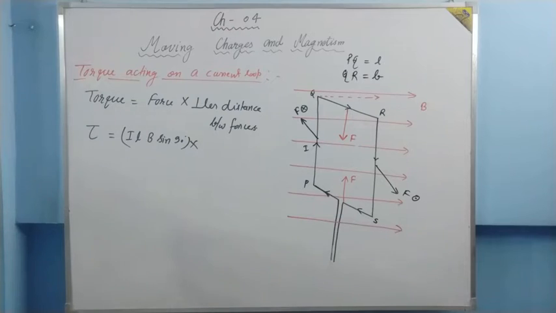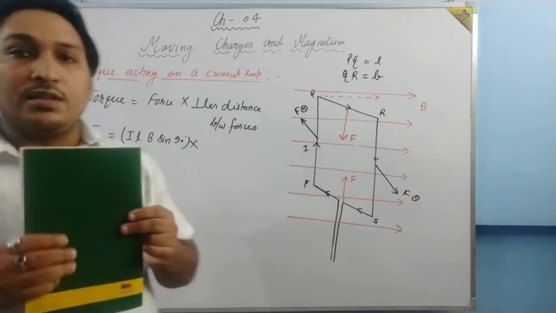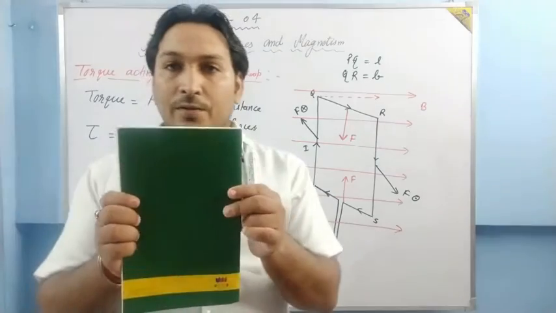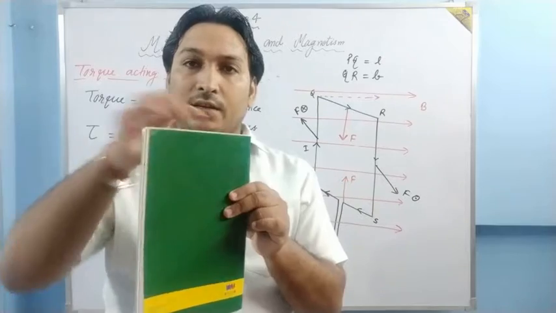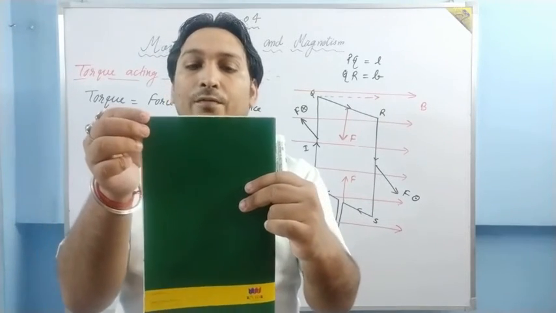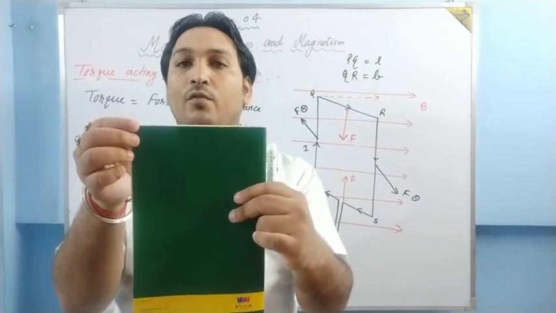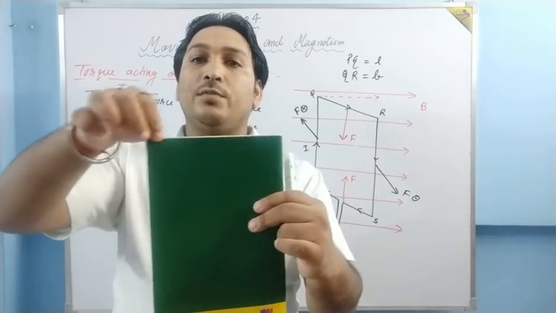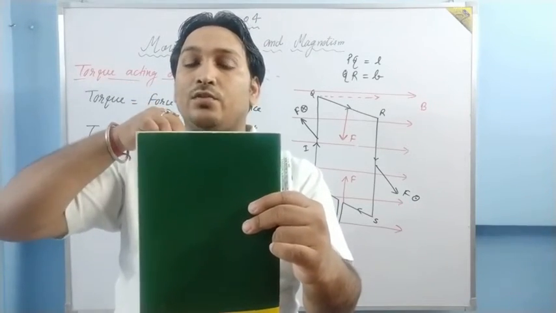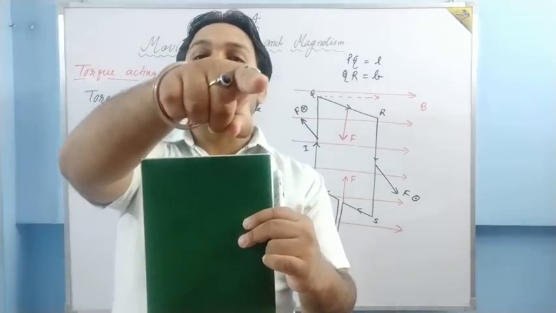Now again you have to understand. Just see, now suppose if it is like this, then this side it is not straight. If it had been straight, then it was very easy. This length only is the perpendicular distance between the forces. At this side force is towards me, on this side force is towards yourself.